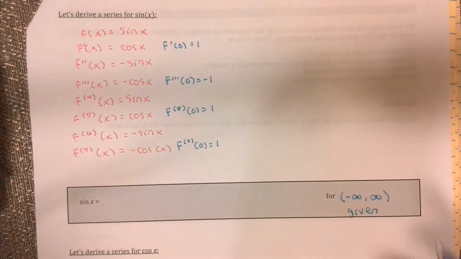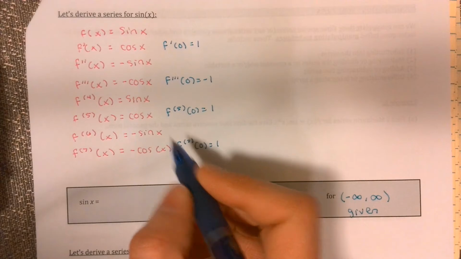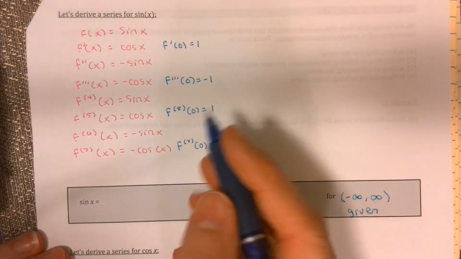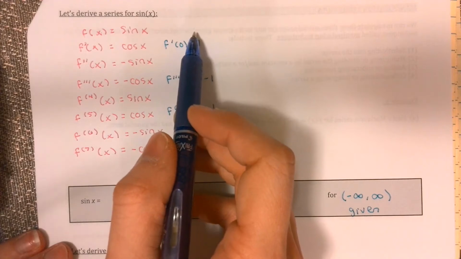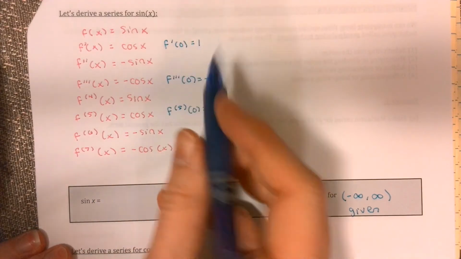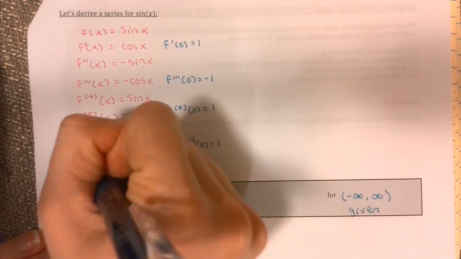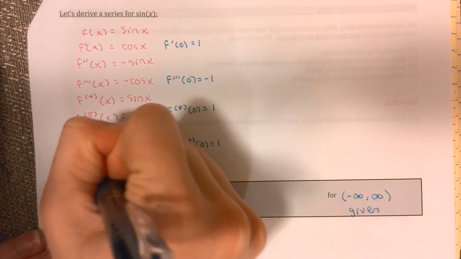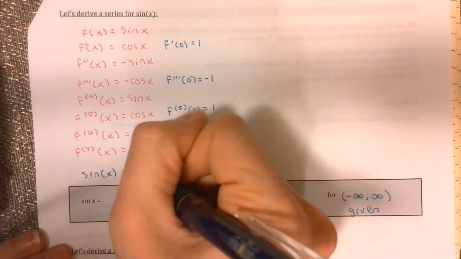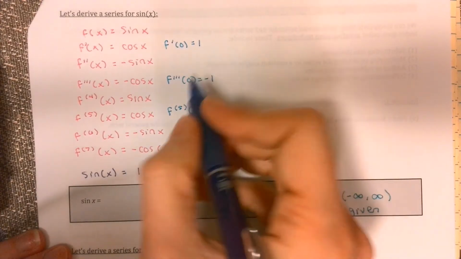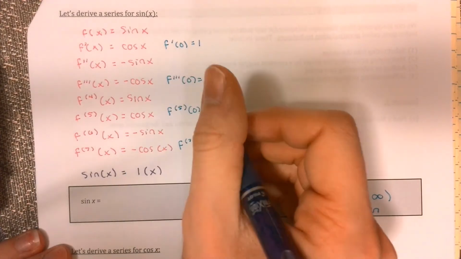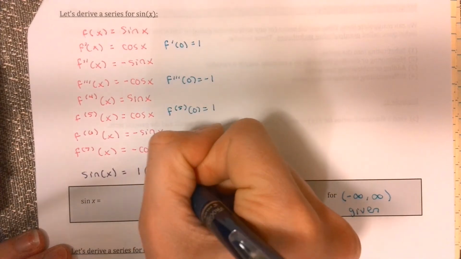I'm just going to write the non-zero terms. So this would be term number 1, not existent. Term number 2 is the derivative. So sine of x equals the derivative 1 times x to the first. I skip the second derivative, move to the third derivative.